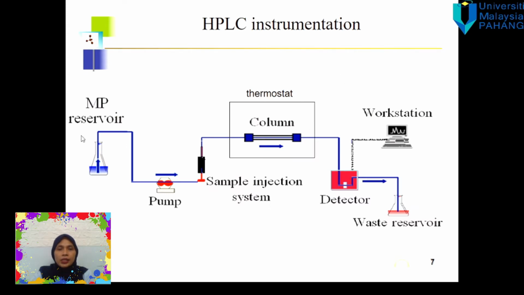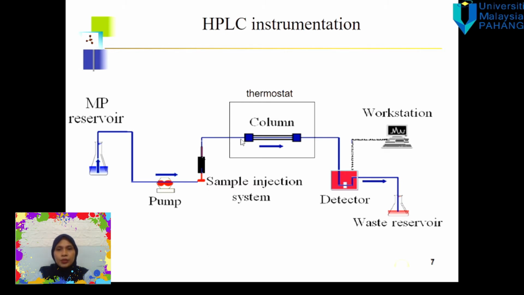Before we go, let's understand the schematic diagram of the HPLC system. This is the mobile phase reservoir where we put the solvent, and the solvent passes through the pump before going to the column. The sample is also injected into the column.